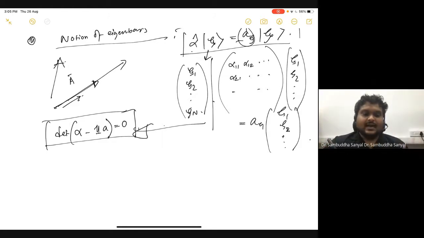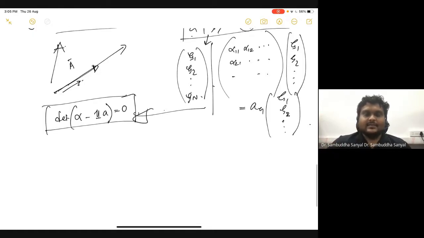Once you know the eigenvalues, you can find the corresponding eigenvectors. You told me you are familiar with this exercise, right? If I give you an arbitrary matrix, you know how to do this operation by hand, not on a computer. You know that, right?